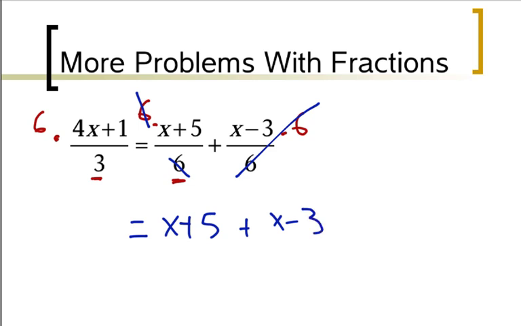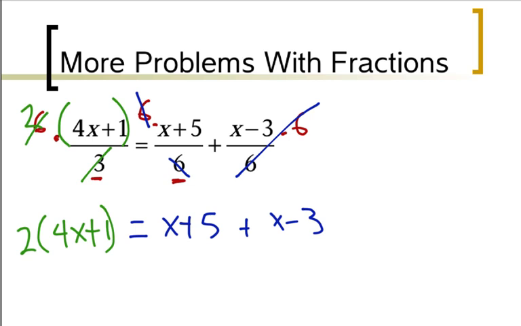On the left-hand side, I reduce with a 3 and make this a 2. So now this 2 needs to be multiplied by the top, the leftover part. So it turns into 2 times 4x plus 1. Okay. So what I'm doing is I'm multiplying each number by 6. In other words, I'm multiplying the left side of the equation and the right-hand side of the equation by 6. And if you do it to one side, you do the other. So that's how I get rid of my denominators.